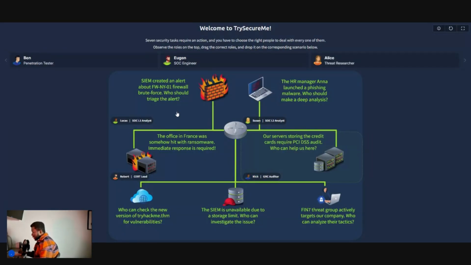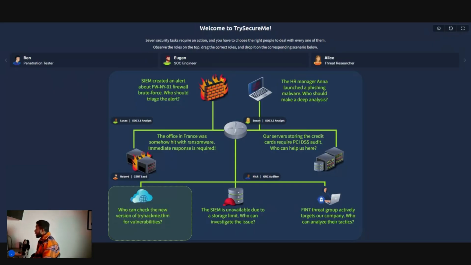Now let's go to the next one. Who can check the new version of TryHackMe for vulnerability? Now in cybersecurity, there is this aspect of cybersecurity that is called pen testing. What these people do basically is they look out for threats, potential loopholes that hackers could use to get into a company's network or any form of digital system.